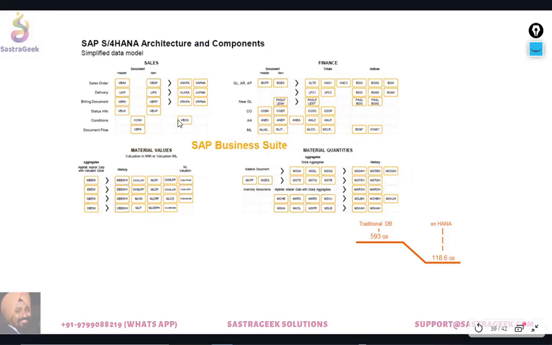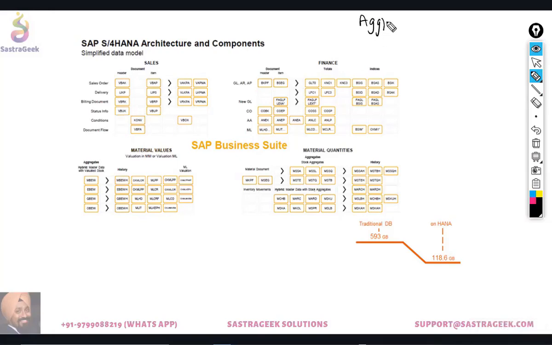Now, the major concept here to reduce the data is that we have a lot of data stored as aggregate data. Aggregate data means we do the summation, we do the calculation, and we store it in a table.